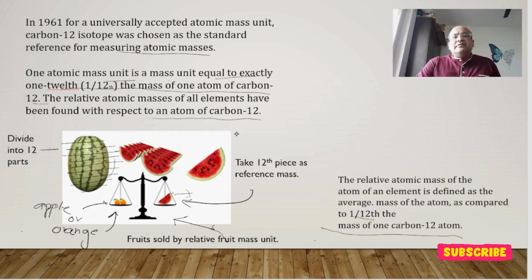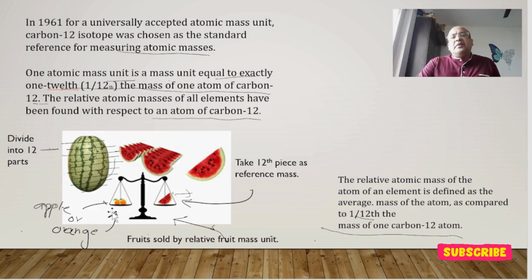Let's try to understand the concept. Suppose I've got a watermelon. If I divide this watermelon into 12 equal parts, and I take the 12th part as the reference mass, then if I want to measure any fruit, like apples or oranges, I will take this 12th piece as the reference mass and measure the fruits with regard to that.